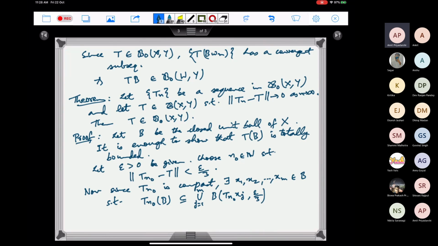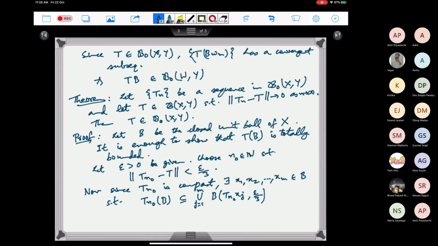So we are using that T_n naught is compact, therefore T_n naught of B is totally bounded. So for this epsilon by 3, I can find finitely many balls of radius epsilon by 3 with centers in T_n naught B, which cover T_n naught B.